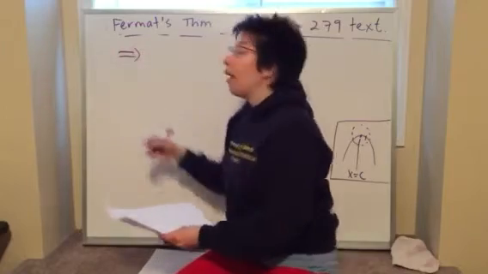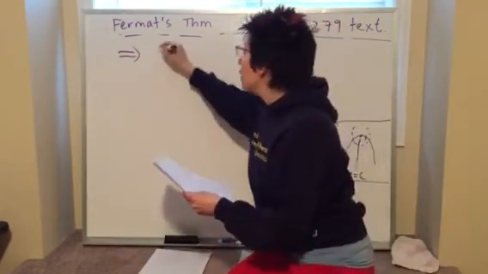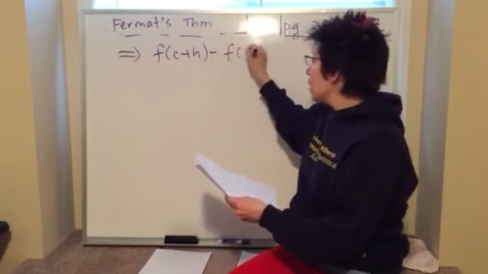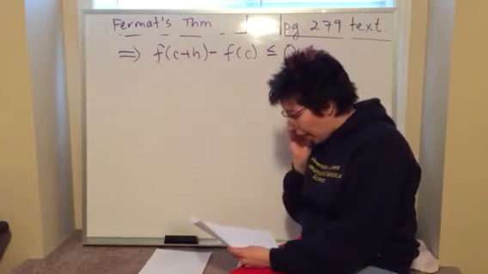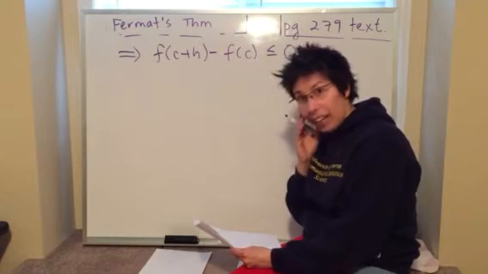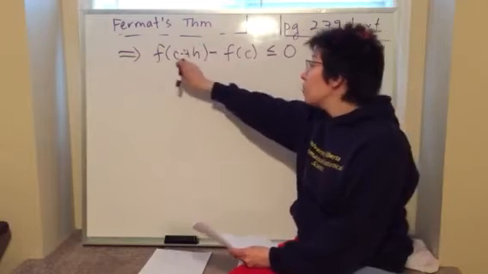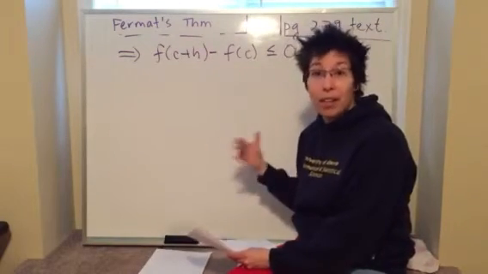So if I hadn't run out of space, I would have just continued, and I would have said that that implies that f at c plus h minus f at c is less than or equal to 0. Yeah, I had to move things around, and then I had to multiply through by a negative sign in order to get this line. And the reason why you know you want this line is because you want it to mimic, again, that first principle of f of x plus h minus f of x over h.